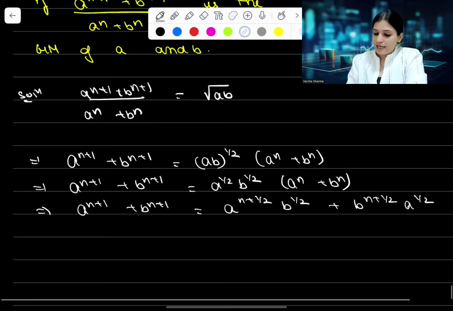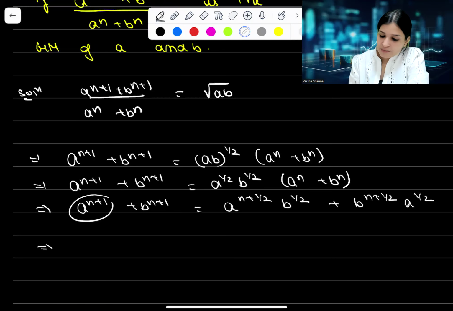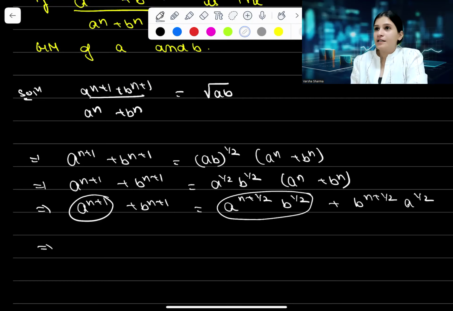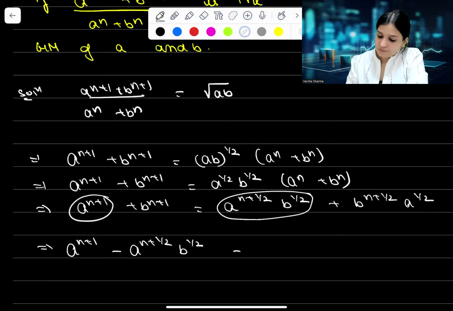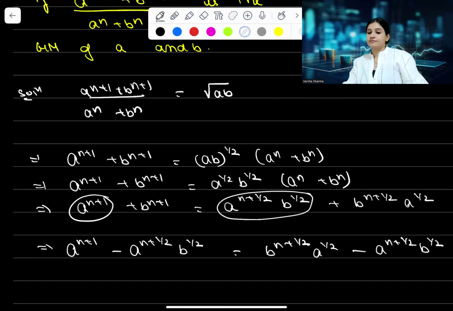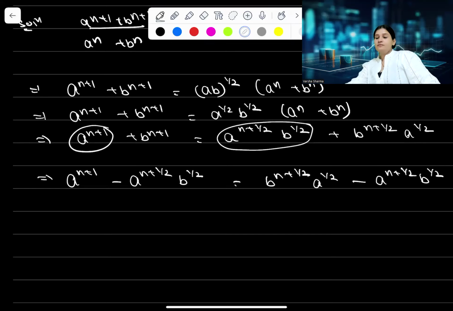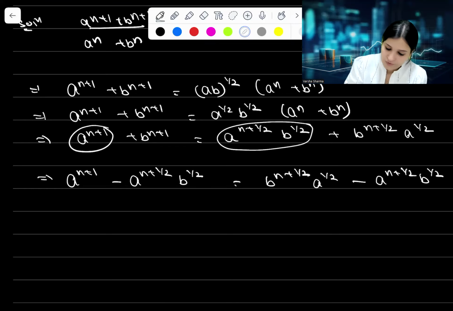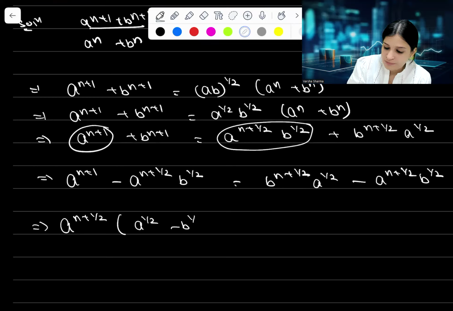So collect the terms with similar powers. Here a has power n, here also a has power n. Bringing to one side: a^(n+1) minus a^(n+1/2) b^(1/2) equals b^(n+1/2) a^(1/2) minus b^(n+1). Taking a^(n+1/2) common, left with a^(1/2) minus b^(1/2).